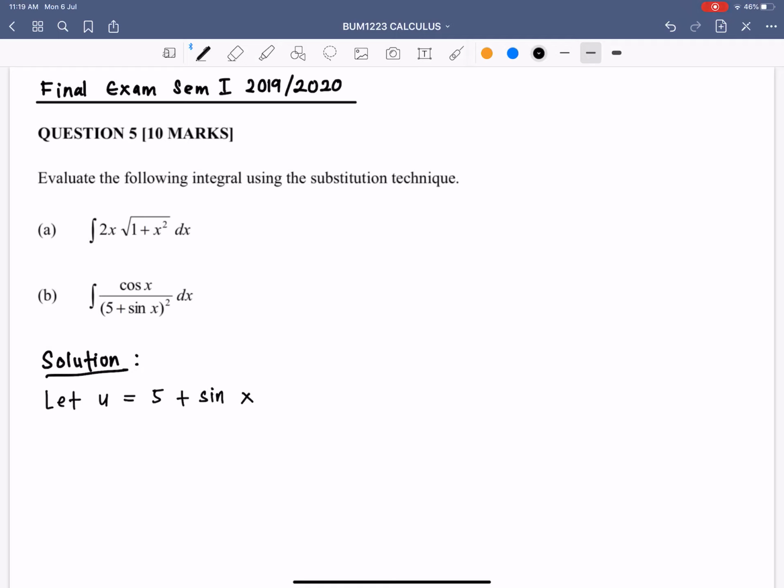And when we choose u equals 5 plus sine x, then du/dx will be cos x.